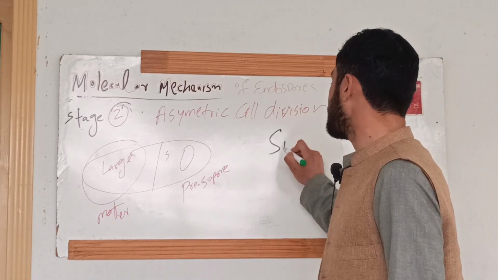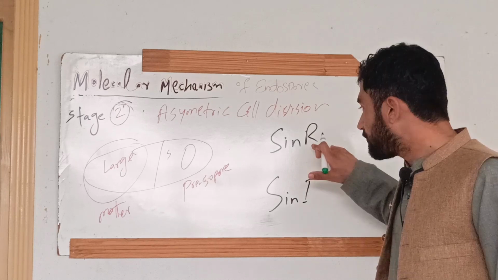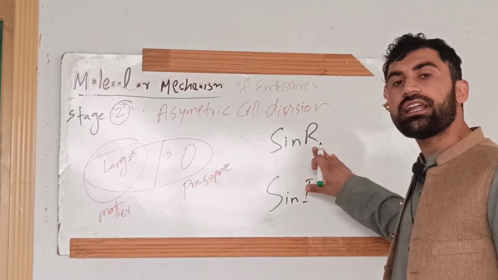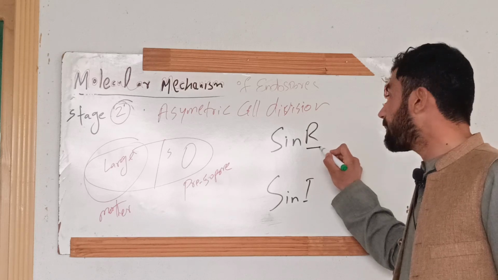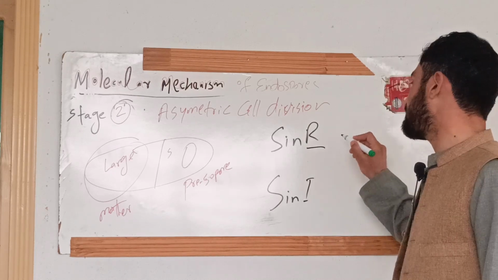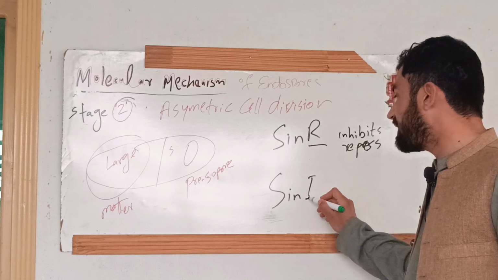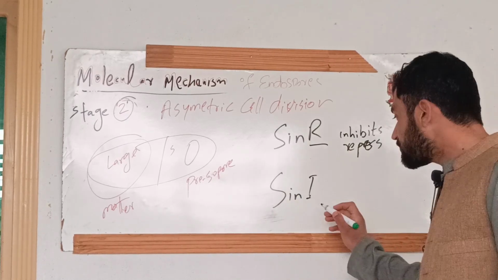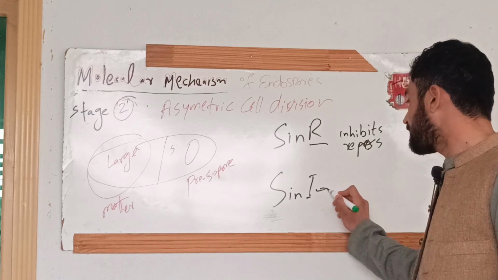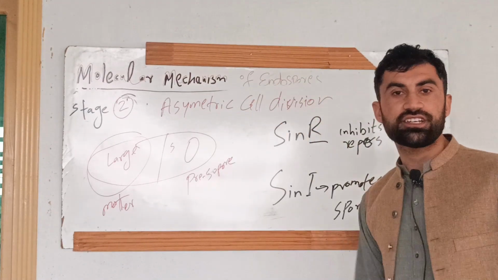One is called SinR and one is SinI. SinR, from this name you can also recall it in an exam, is responsible for repression, so it will repress the process, it inhibits sporulation, while SinI is the inhibitor of SinR. So this SinI promotes spore formation. So this was stage 2.